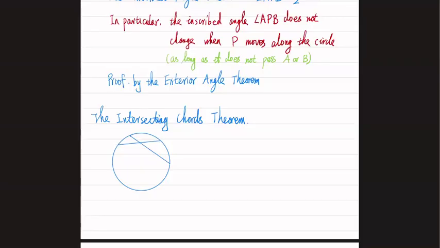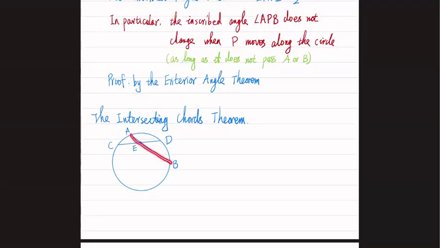Okay, I'm going to label the points A, B, C, D. The intersection, I label this point E. So two intersecting chords.